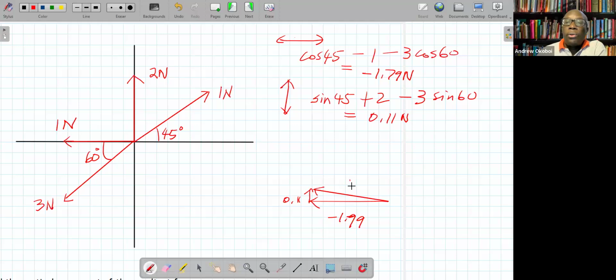So it's also 1.79. And this angle here with the x-axis is very, very close to 180 degrees. So essentially the resultant and the horizontal are almost on top of one another.